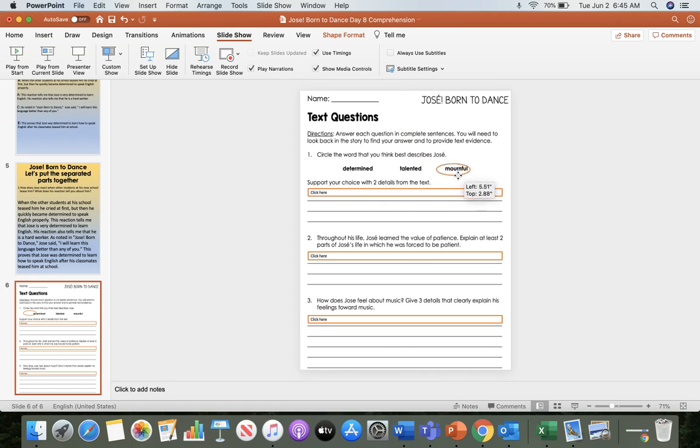Determined, talented, mournful. All right. Then support your choice with 2 details. So now how you would do this is Jose is determined. In the story, it shows Jose is determined. In the story, it shows Jose is talented. In the story, it shows Jose is mournful. And then use that RACE strategy to answer.